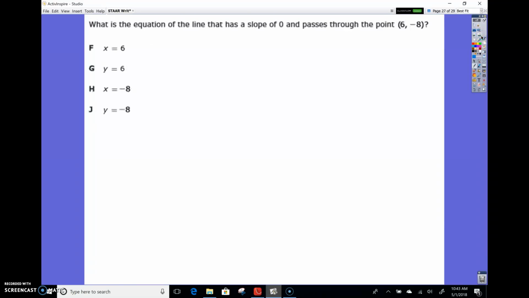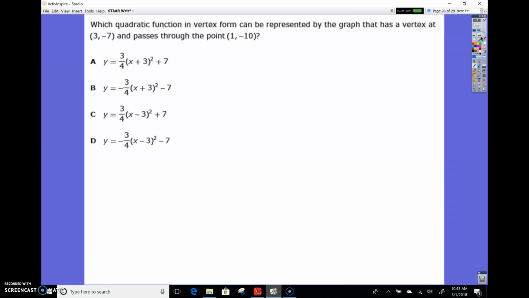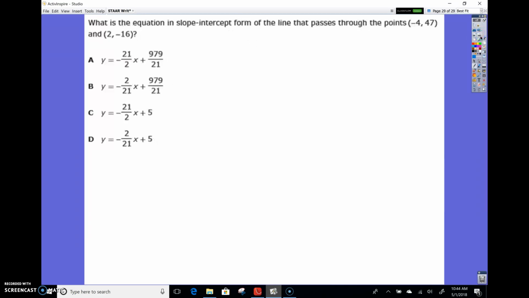And this one. Okay, this one is actually quadratic. You just got to make sure you do graph trace and make sure that those points are there. All right, last one.